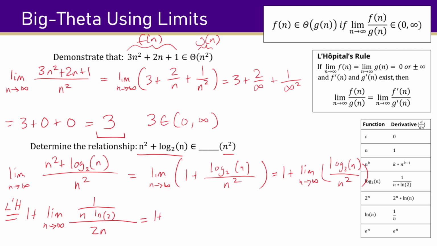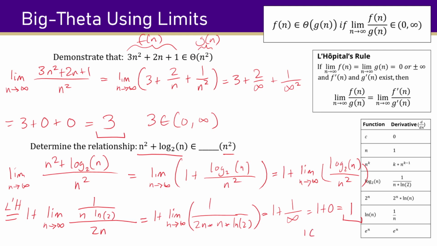And that gives us 1 plus the limit as n approaches infinity of 1 over 2n times n times ln of 2. And, well, if we substitute infinity in here, we get basically 1 over infinity. And as we know that, it's just going to be 1 plus 0. And so we get the final result of 1.